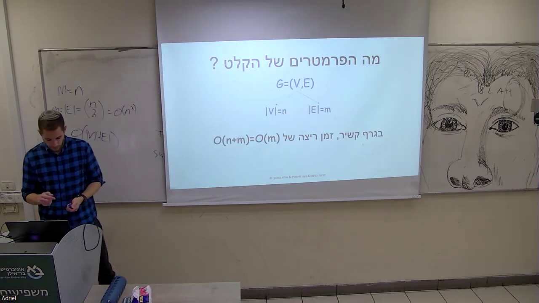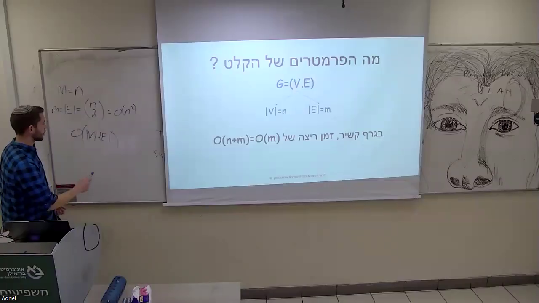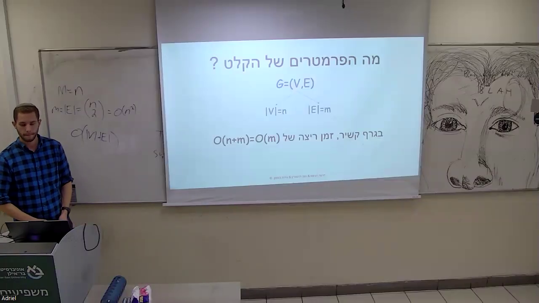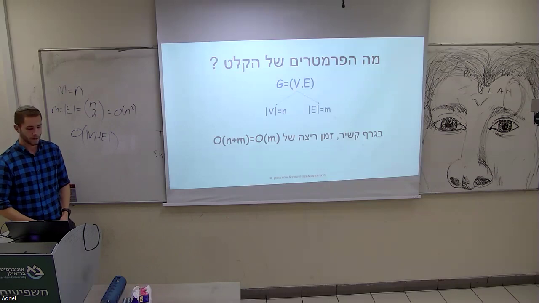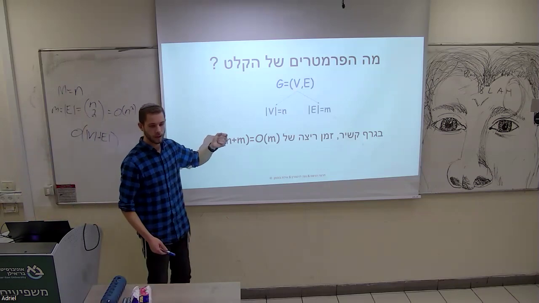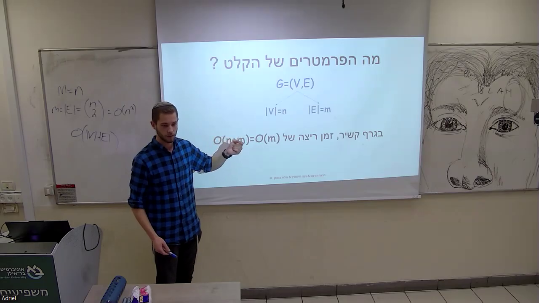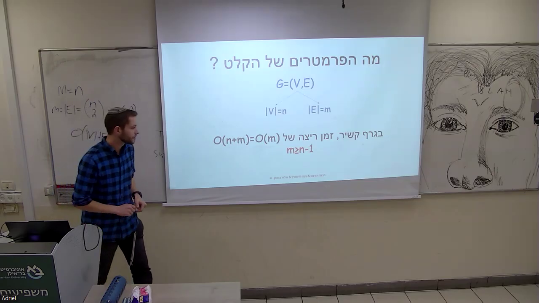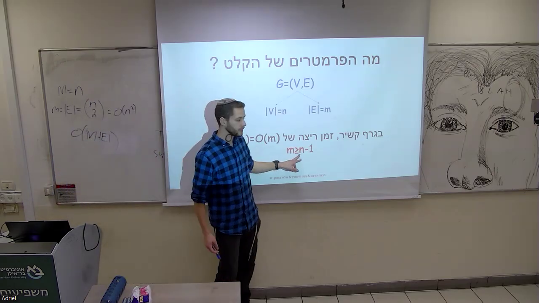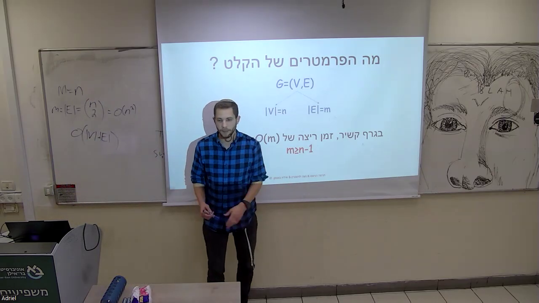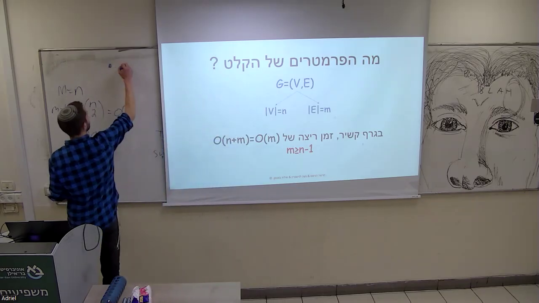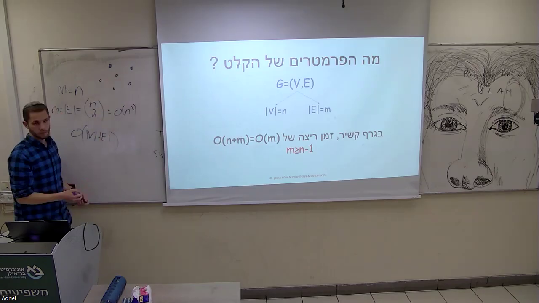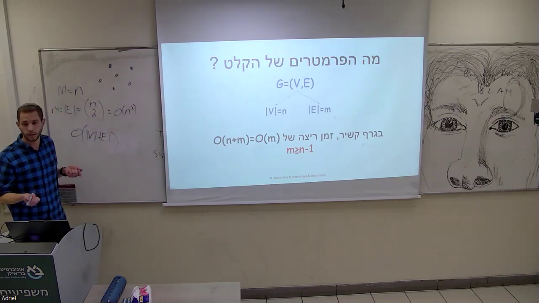In a connected graph, the runtime O of n plus m equals O of m. Why? Because if it's connected, I have at least n minus 1 edges. If I have n different vertices, in order for the graph to be connected, I need at least n minus 1 edges.